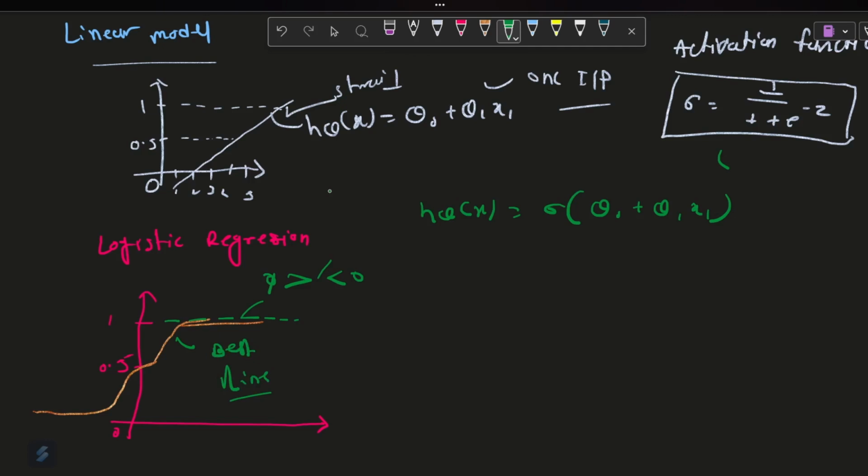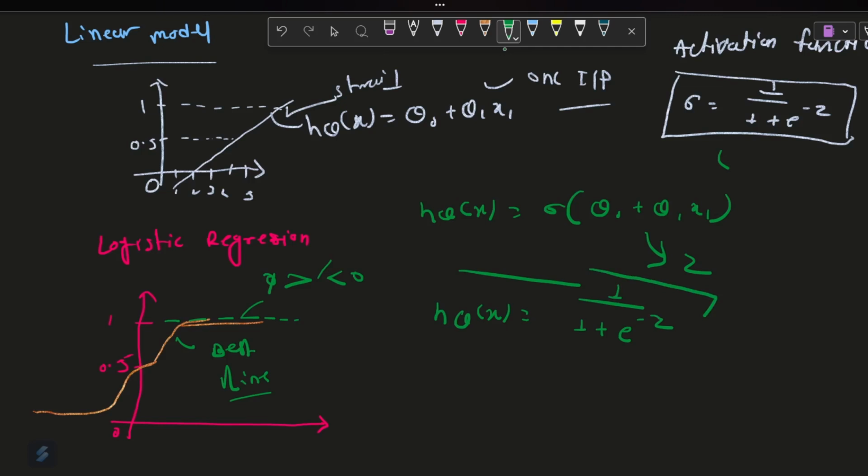But the problem is this value of z. Basically, h theta of x is nothing but 1 by 1 plus e to the power minus z.